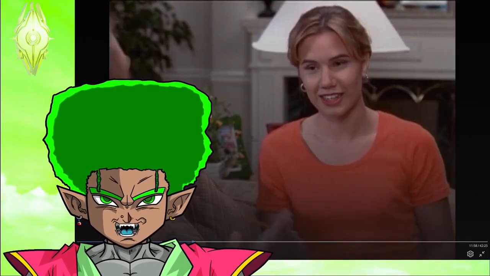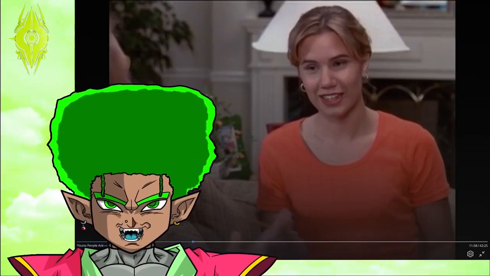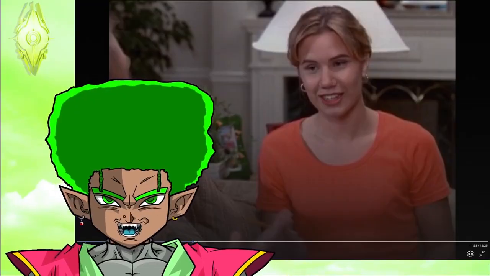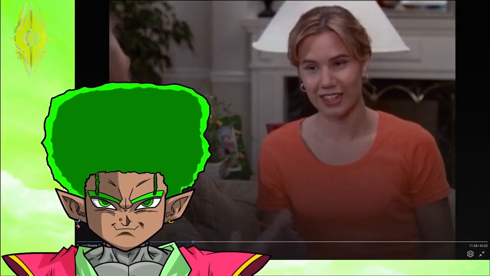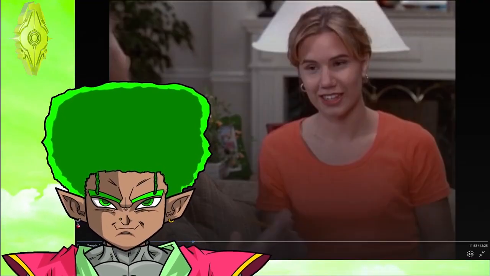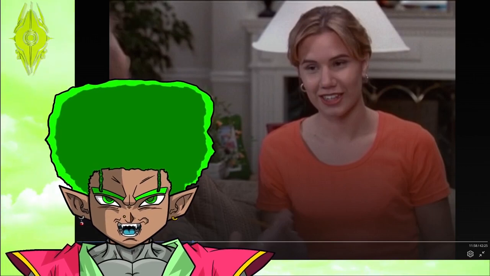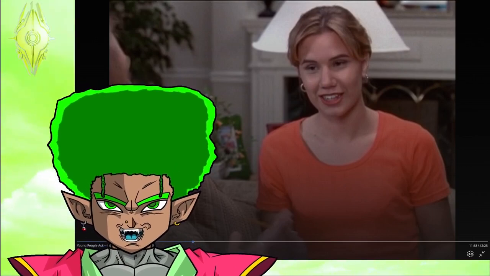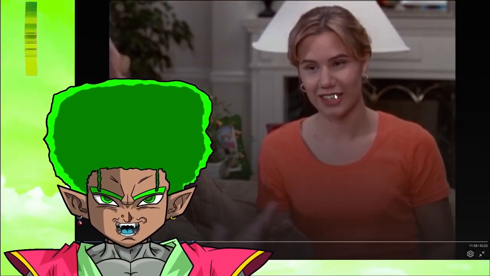Probably easier for them, considering that if they went the whole other route, it would have been more complicated to push the narrative of what this film is mostly about.